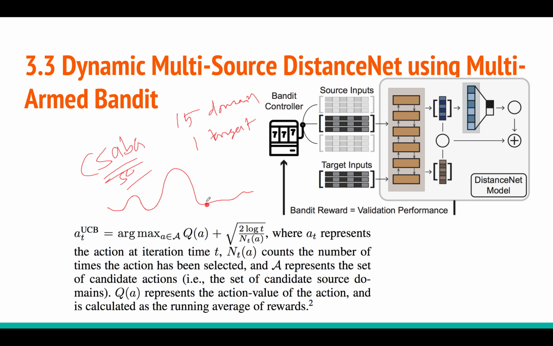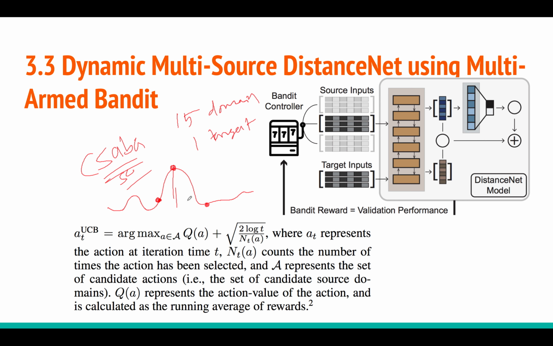Based on this you can select the next point you want to sample, compute the reward, and keep doing it until you find the one which gives you the highest reward for this evaluation data, and you can use that to do the training with that kind of data set.